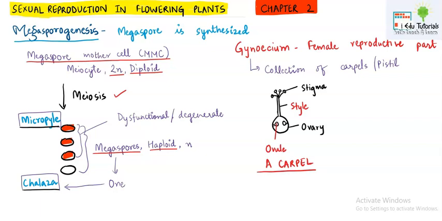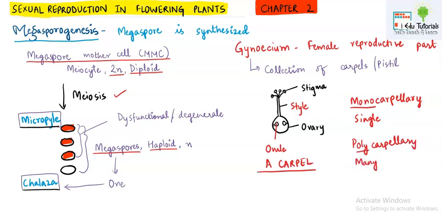Now if a flower contains only one carpel, then the flower will be known as monocarpellary. Mono means single, right? So monocarpellary means only a single carpel will be there, and polycarpellary means, poly means many. So when many carpels will be there, we will use the term polycarpellary.